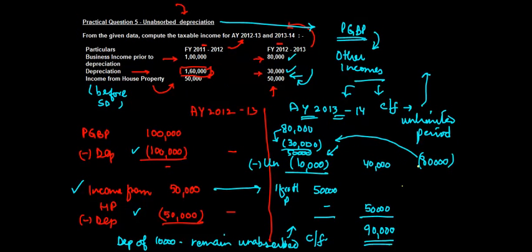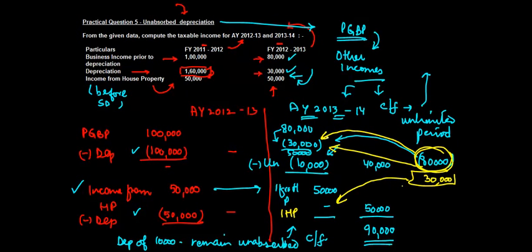This 50,000 would have been entirely adjusted against this, but still we would have been left with a balance of 30,000. The interesting thing to note here is that this 30,000 can again be set off against income from house property. Why? Because the law says that this amount is just added to the current year depreciation, and it is treated as if it is current year's depreciation, which means that it can be set off against any other income as well for that particular assessment year.